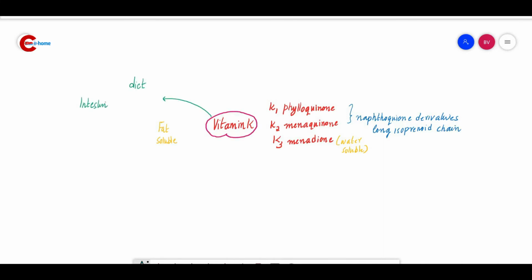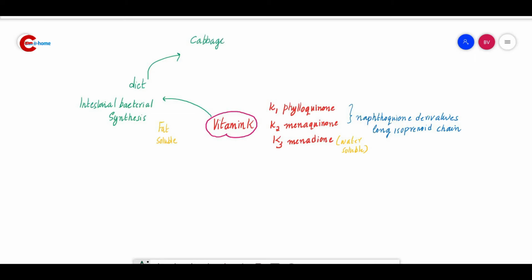Vitamin K is obtained from diet or intestinal bacterial synthesis. We get this from diet, or the bacteria in our intestine can synthesize this vitamin K. What are the sources of vitamin K?